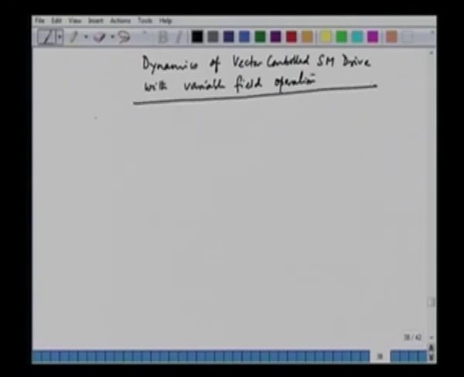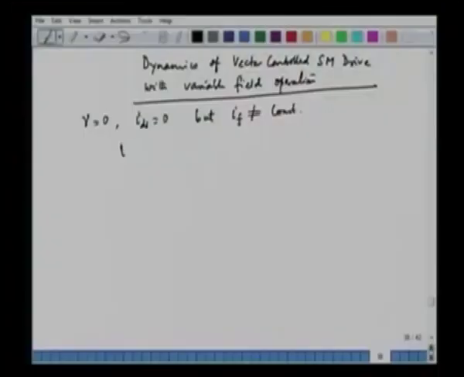So, what we have here is that gamma is equal to 0 and IDS also is equal to 0, but If is not constant. So, if If is not constant, we cannot ignore IKD. We understand that VKD, which is equal to 0, is equal to RKD IKD plus P psi KD. What is psi KD?